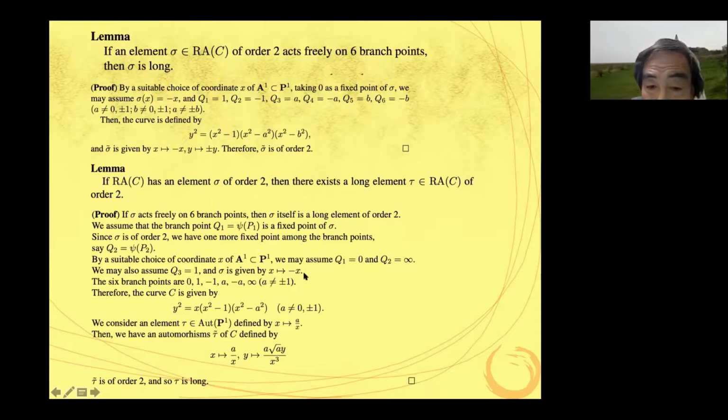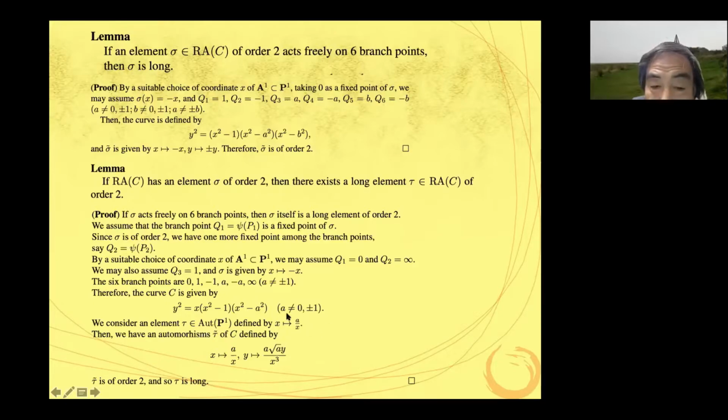And sigma is given by this. We may assume sigma is given like this, and Q sign is equal to 1. Then the 6th branch point is given by this, so the curve C is given by this. And we consider an element of PGL2 defined by this.